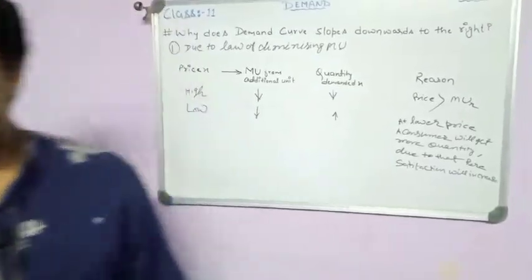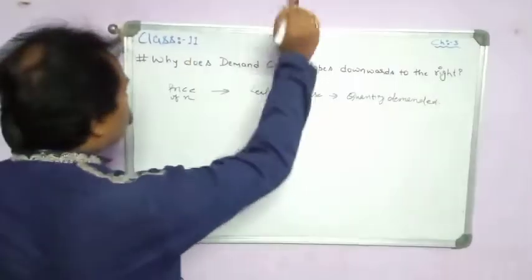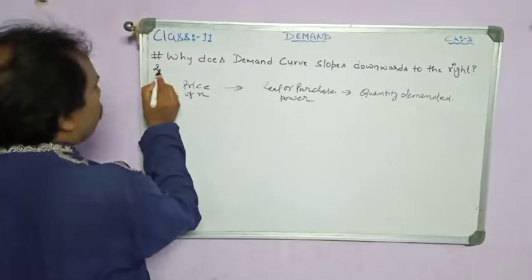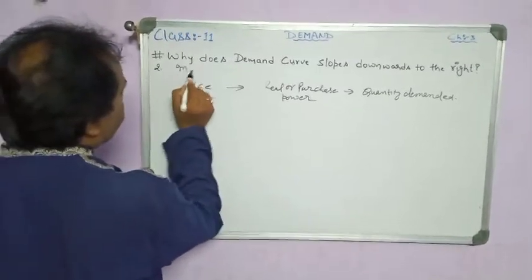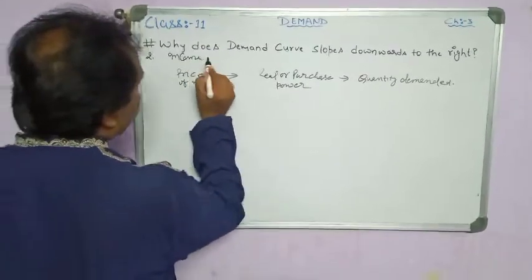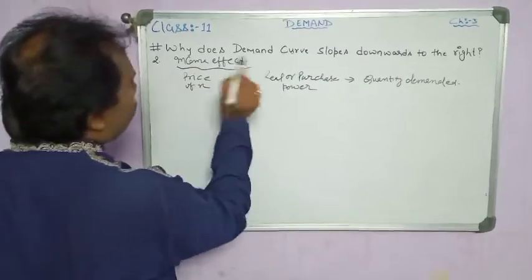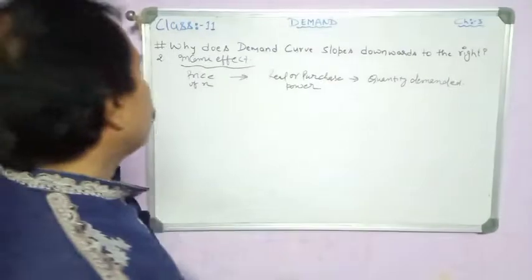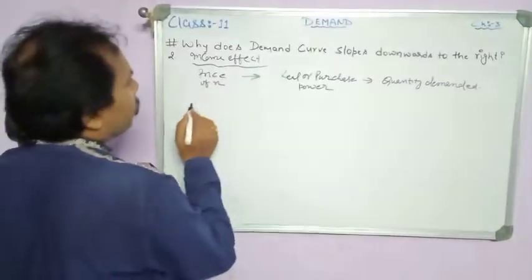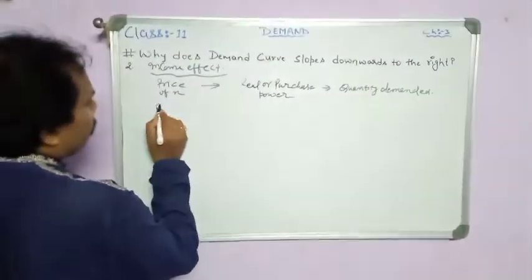Now the second point is the income effect. So how does the income effect affect the demand curve? Okay, suppose the price of commodity X rises.